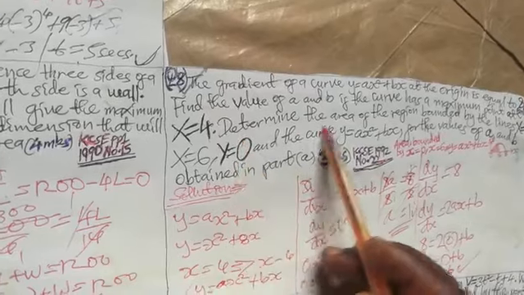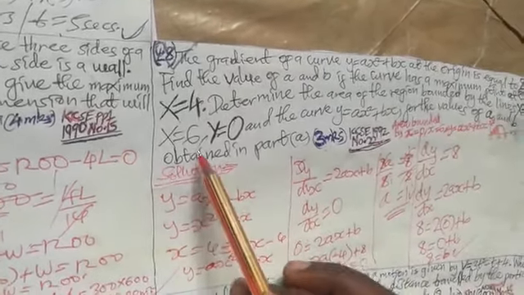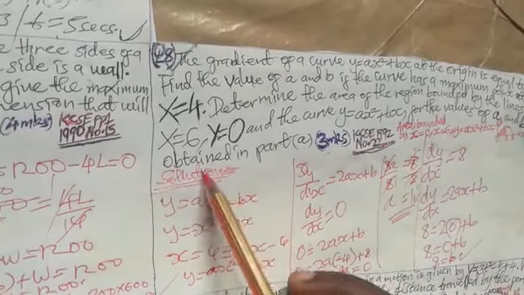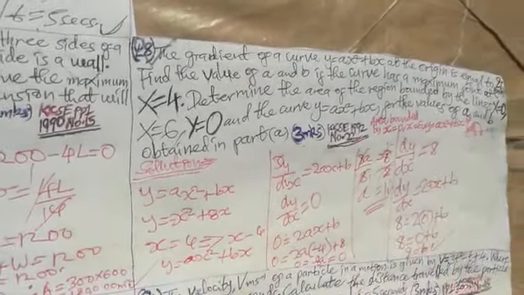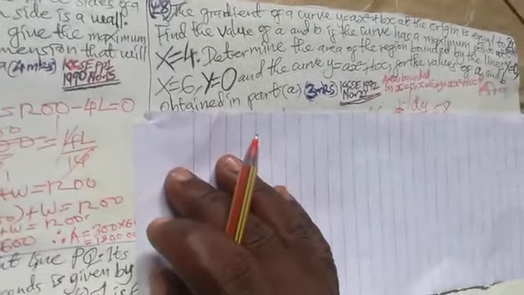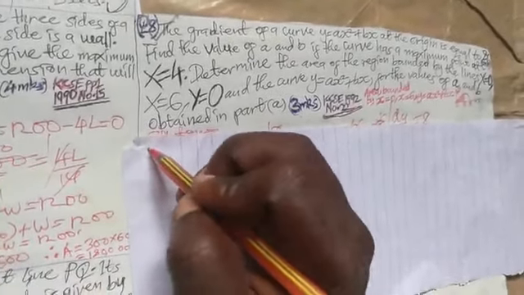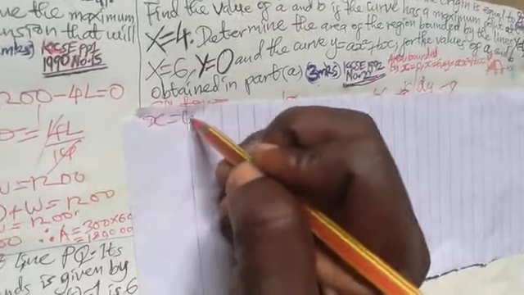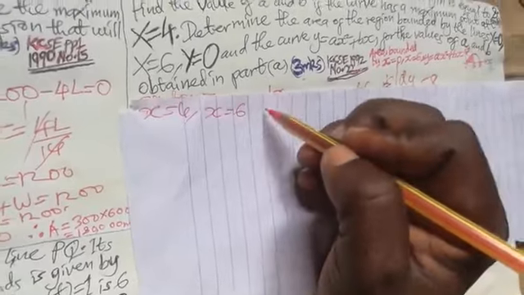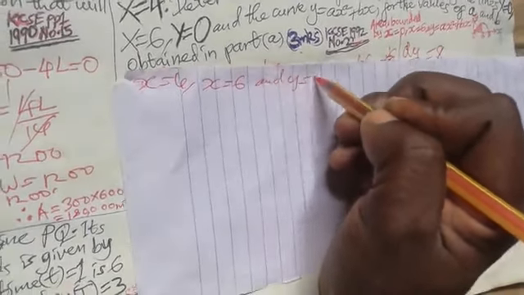Part B states: determine the area bounded by x and the curve and b obtained. Okay, we're going to tackle part B of question number 8. Here in this paper, we are to find the area bounded by the line x is equal to 4, x is equal to 6, and y is equal to 0.